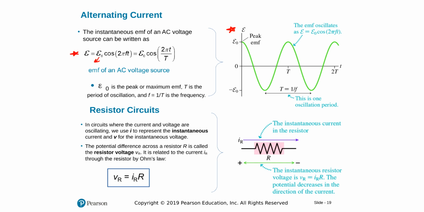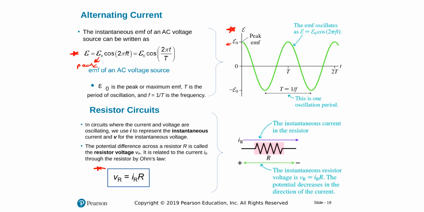It will have a peak value, epsilon 0, and it will change over the time. We won't be really dealing with this change in future of it. We will look at either its peak value or average value of it, and we will apply what we know from before, Ohm's law and so on, to solve for the circuits.